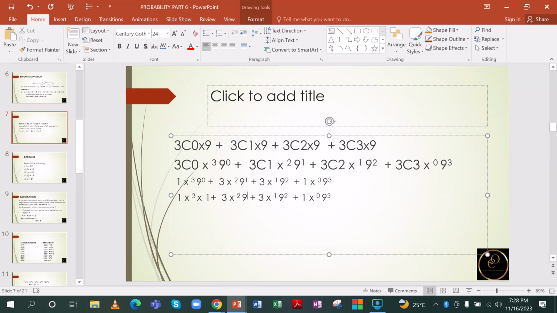Then here, 3 times x to the power 1. So x to the power 1, we don't normally put the 1. When there's 1 there, it's taken as that. Then any number raised to power 0 is 1, so it's like saying here 1 times 1, then times 9 times 3. So that's what we have here.